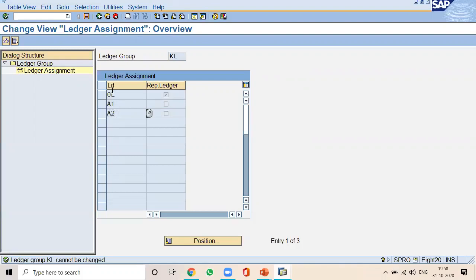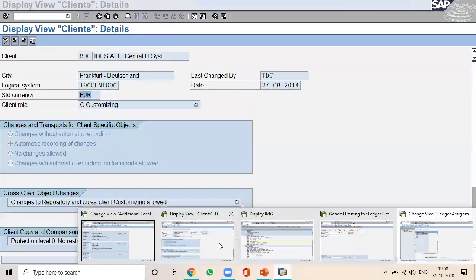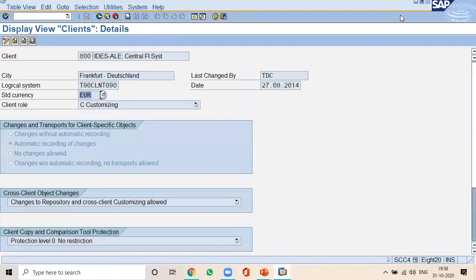But when you create a ledger group, to that ledger group you can post logistics transactions also. That means for KL. So when you post the transactions to this ledger group, the system will update these 2 individual ledgers also. But as far as FI transactions are concerned, you can post ledger specific also.